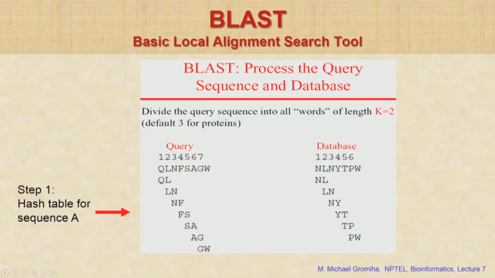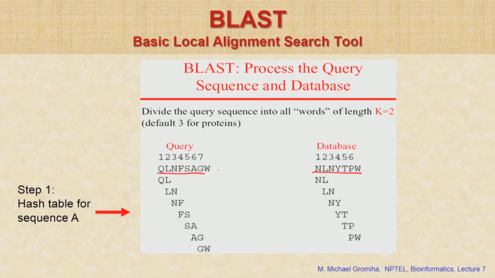First, if you have the query sequence and we have a database, how to map? They divide these sequences into small bits, small words of length k. Usually they use k equal to 2 or k equal to 3 for the case of proteins.